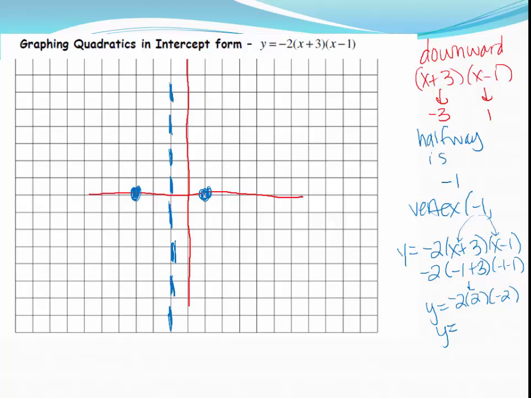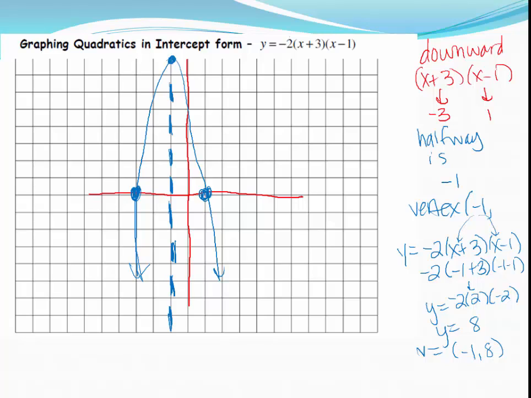So now if you do the math, -2 times 2 times -2, you'll get +8. So our vertex is going to be (-1, 8). So -1 is here, +8, 1, 2, 3, 4, 5, 6, 7, 8. Barely have enough room here. And now I connect the vertex to my x-intercept and make my way down here. Same thing on this side. And notice that my parabola is opening downward.